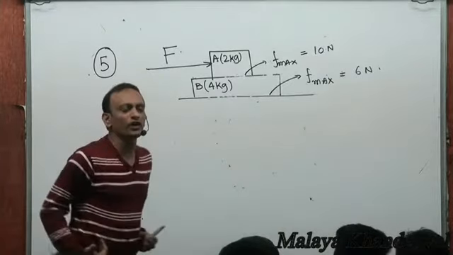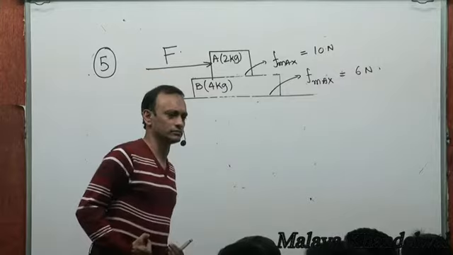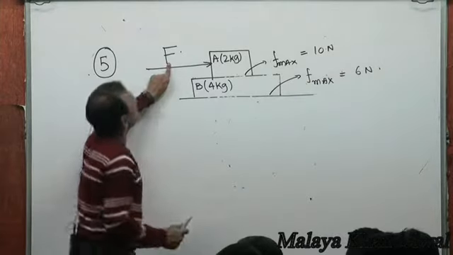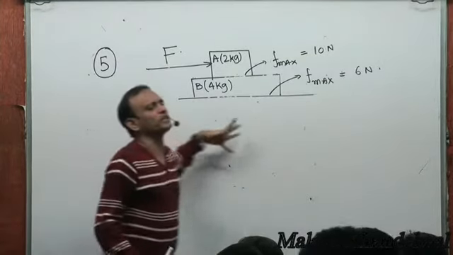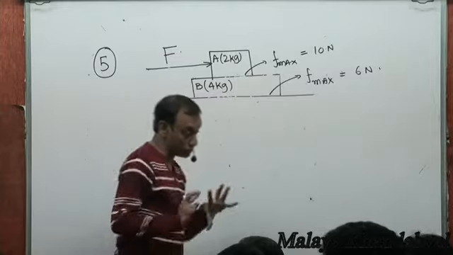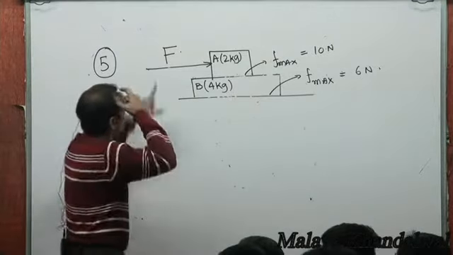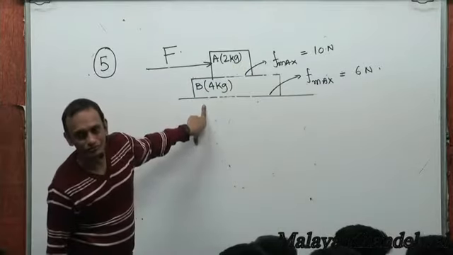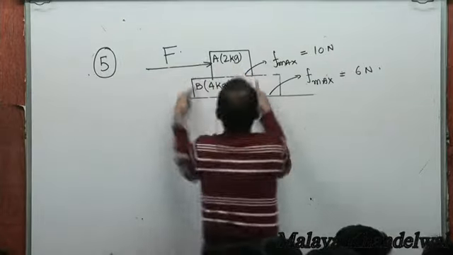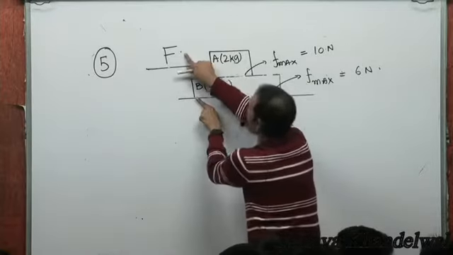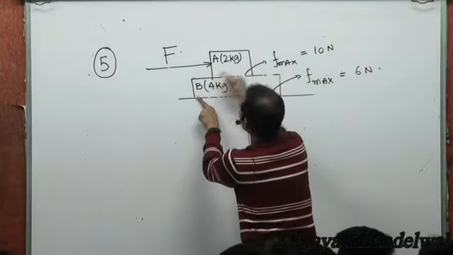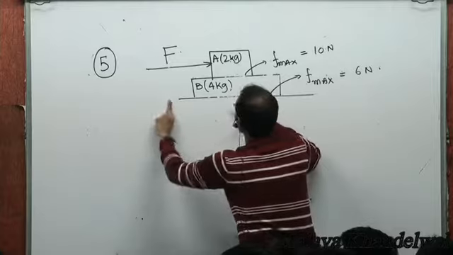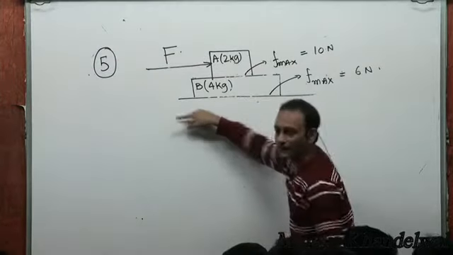So for sure, from the word go, they will move together. For a very small value of F, they will move together with a common acceleration. But in order that they could move together, B would have to combat the ground. If you look at A and B together, then the minimum F that must be exerted so that they could move together is like B overcoming 6 newtons from the ground.